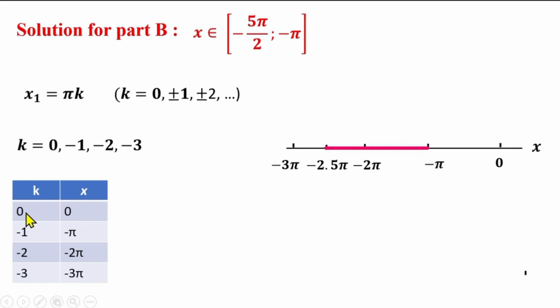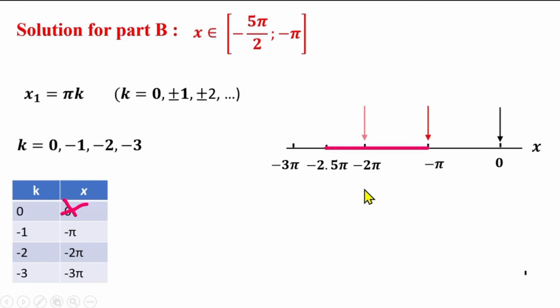For k equal 0, x equals 0, so this root is here. It is outside of the interval of interest, so we cancel this value. K equal -1, the answer is -pi. It is inside of this interval, so it remains as a solution. K equal -2, we have -2 pi.